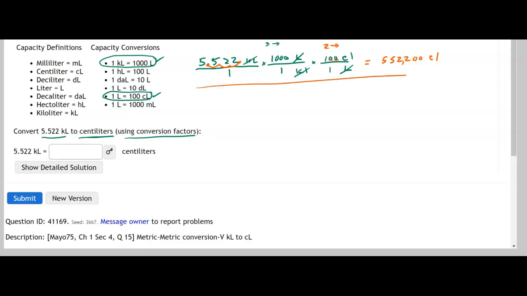Now, there is a shortcut for this. Instead of using conversion factors, if we know our prefixes, kilo, hecto, deca. Then we have our base units, like liters, but this works for grams as well.